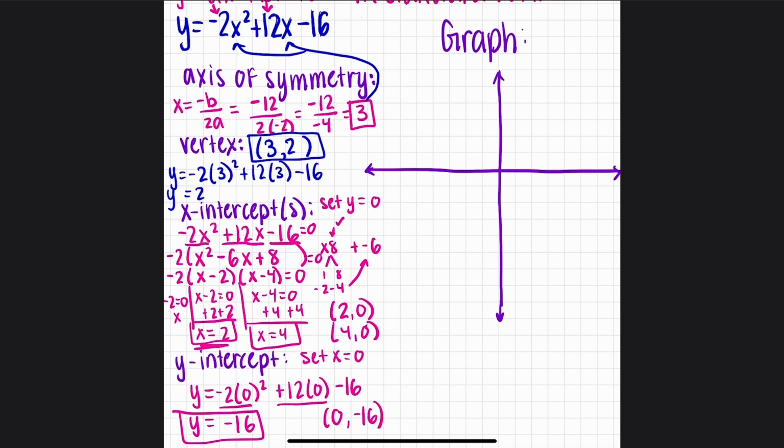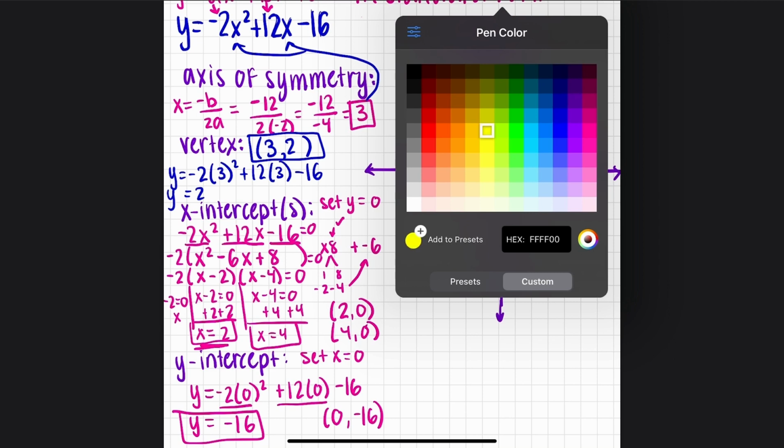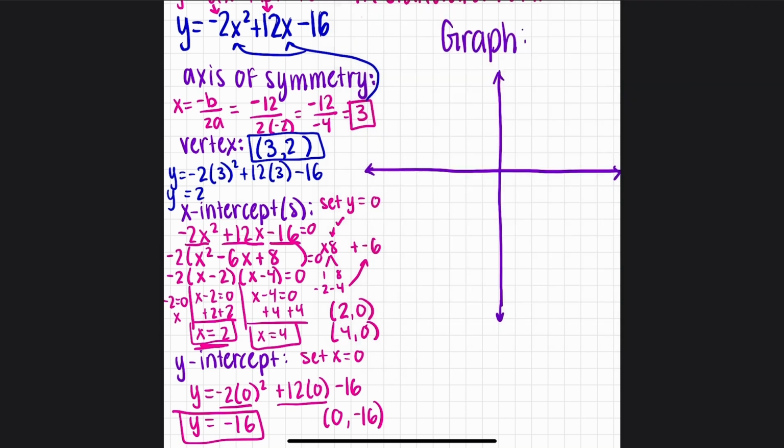So I'm going to go ahead and graph. Let me get a different color here. I'm going to graph the vertex, the x-intercepts, and the y-intercept. I'm going to go by 2s on my graph because I just didn't make it large enough. So my vertex is 3, 2, so I'm going to run 3. So I run 3, I'm at a halfway point here, and jump 2.